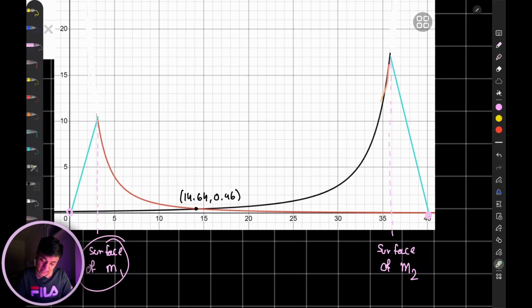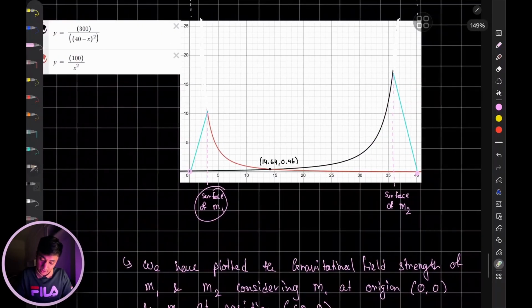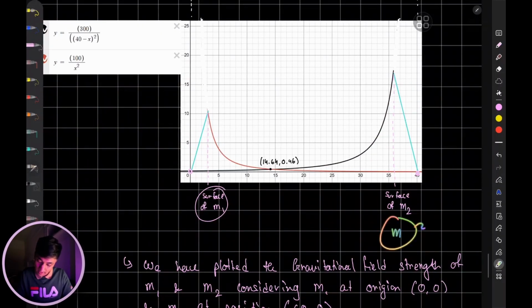For this graph, the reason it's towards this direction is because M2 has field lines coming inward from here, so towards the right, if I'm considering the space in between M1 and M2.